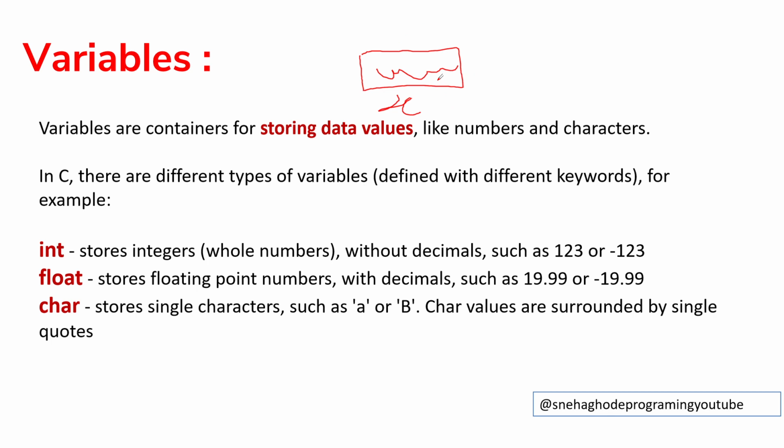Now first of all, we ask which type of data is stored in this particular variable. Mobile number, right? So mobile number is of integer data type. So while declaring it, we write integer X, that is, integer type of data is getting stored in this particular memory location.